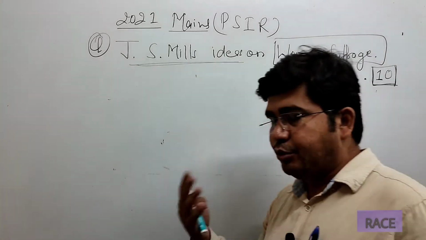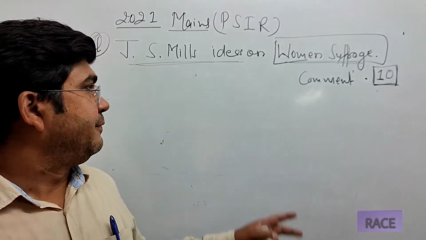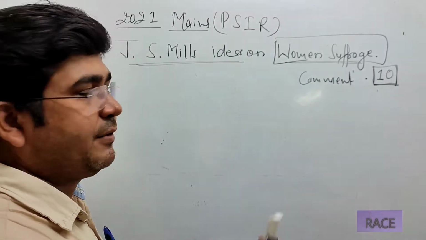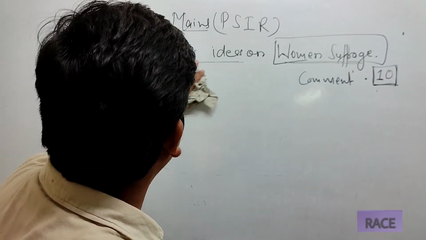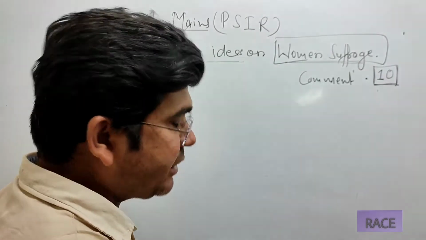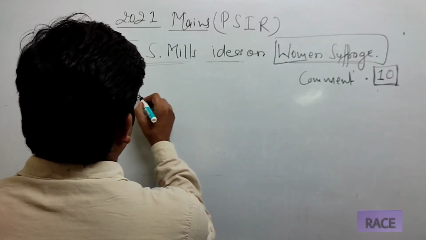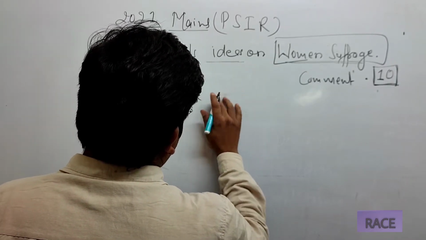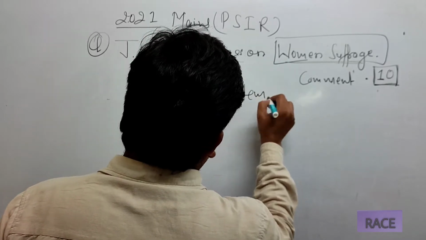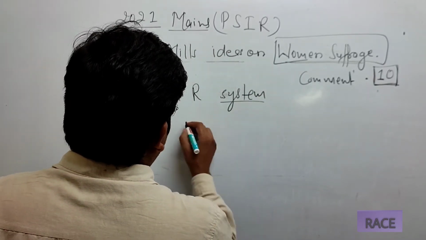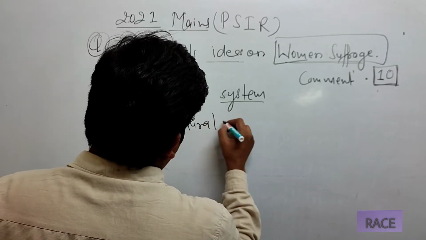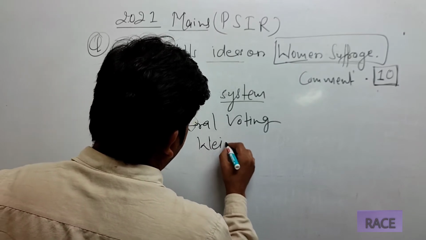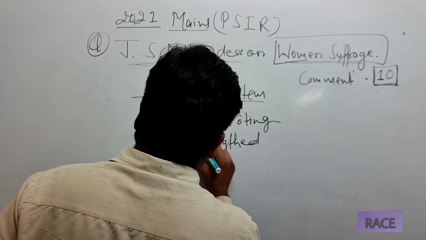So when he supported the right to vote for women, he asserted that it should not be free of qualifiers, which he had already given for others also. So he supported first the PR system, proportional representation system, and second, plural voting, which we can also call weighted voting.